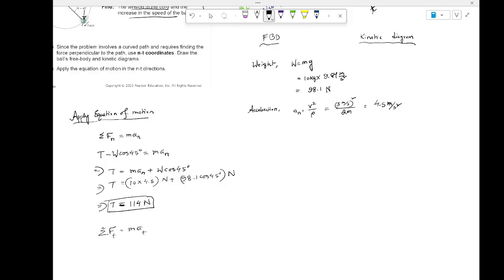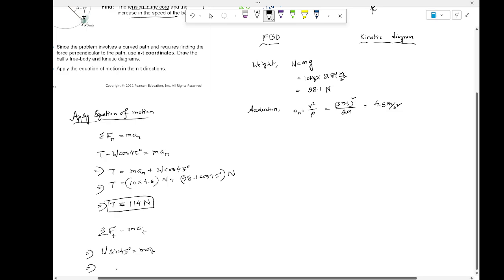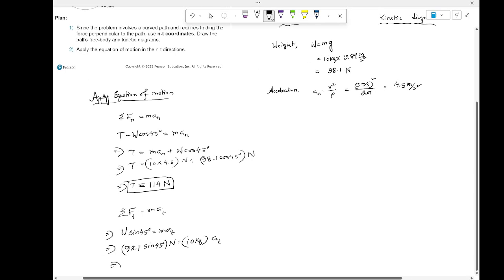I'm saying this is a very easy problem. One of the easiest ones. Okay, that's your job now, to find the value of the AT. Let's see if you can find it. So you have this W sine 45, then M AT. I'm going to write the same thing again, and now this is the time I'm going to start plugging in the values. So W sine 45, this is in Newton, 10 kg, and this A needs to be in meter per second squared.